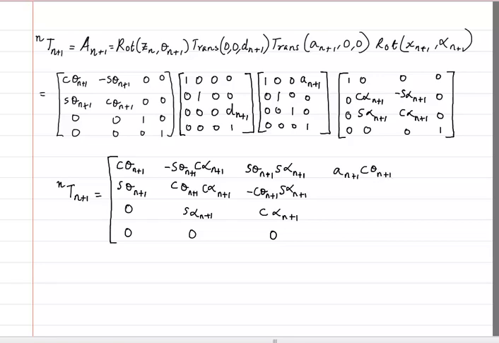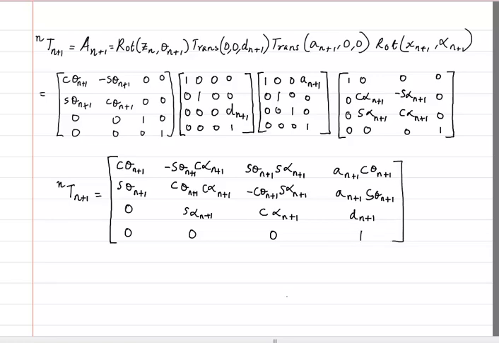So this is multiplication of a n plus 1 cos of theta n plus 1. Similarly, a n plus 1 sine of theta n plus 1. Then finally d n plus 1 with the scaling factor of 1.